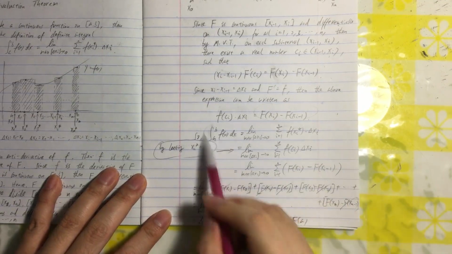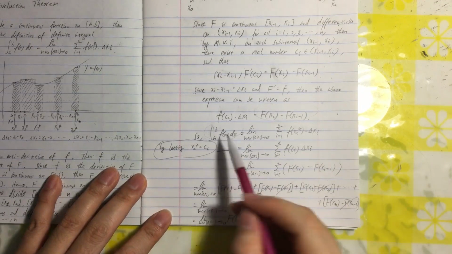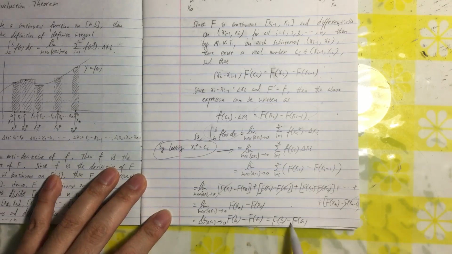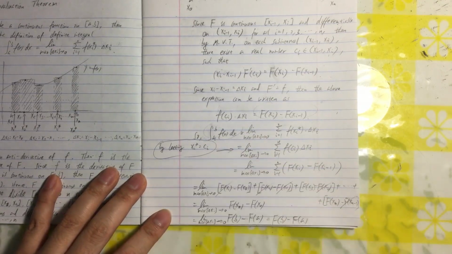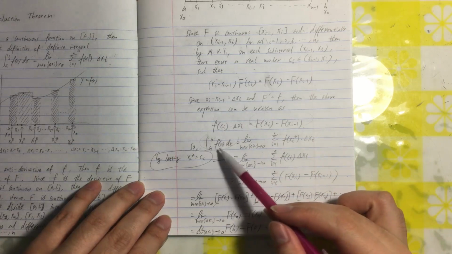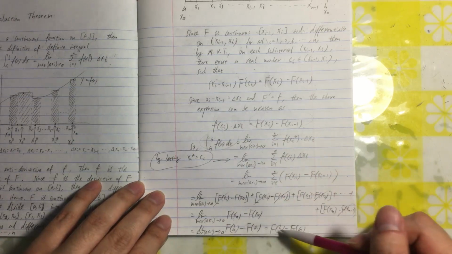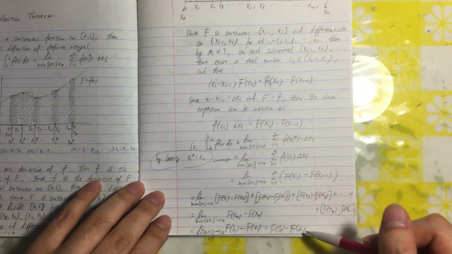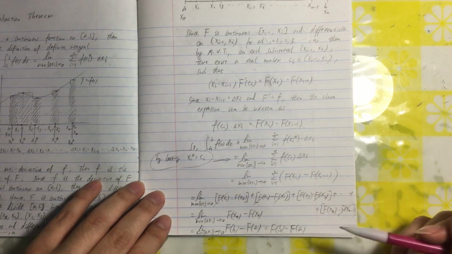So the integral from a to b of f of x dx is F of b minus F of a, where big F is the antiderivative of small f. And this expression, the integral from a to b of f of x dx equal to F of b minus F of a, is called the evaluation theorem.